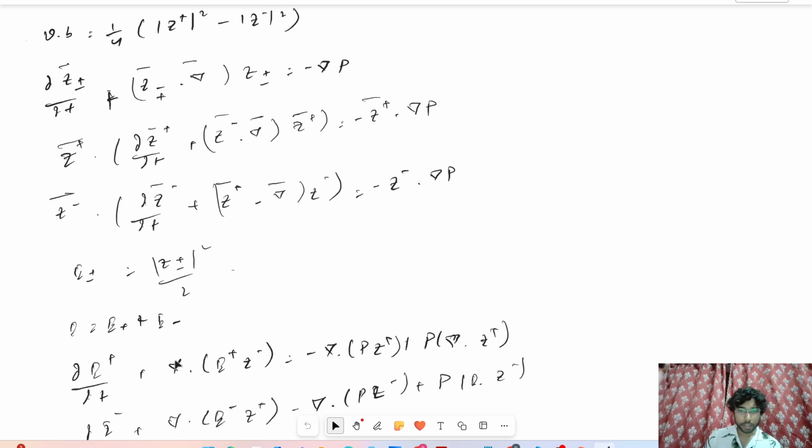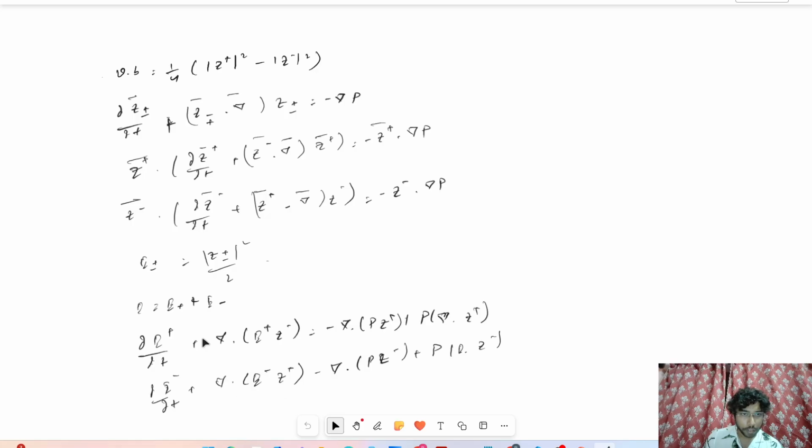Okay. So what does it say? So this is Z plus square, so this will be del E del T, right?